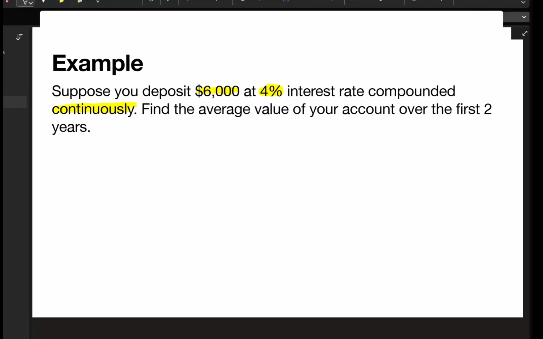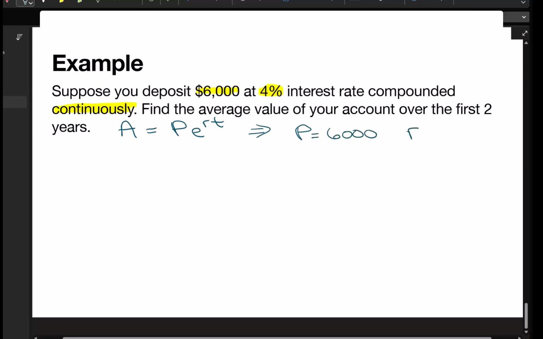First thing we have to do is remember that we have a formula for this, which is A, our accumulated value, is equal to P e to the rt, sometimes known as PERT, where P is equal to 6,000, r is equal to 0.04, t is from 0 to 2.